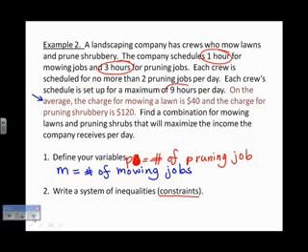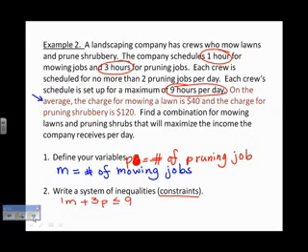And if I look here, I'm only working 9 hours per day. So my 1 hour for mowing plus my 3 hours for pruning jobs has to be less than or equal to the 9 hours that I have available.